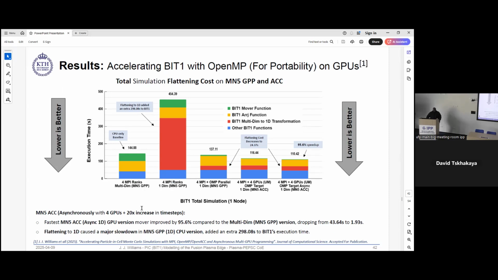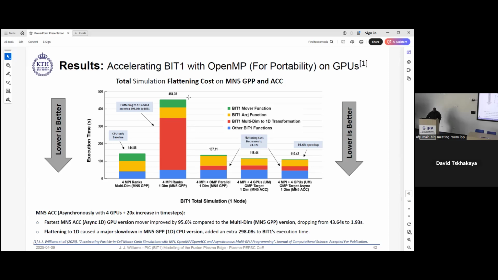We used around 200 time steps originally, and because the GPU was so fast, we used 20 times that amount to get some numbers, because it was literally 0.00.